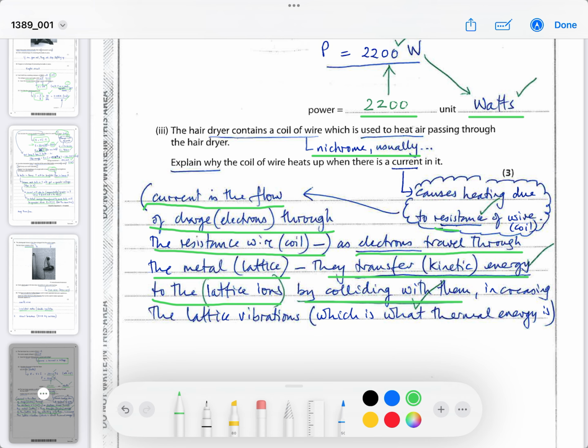So 1 mark is also for realizing that resistance is the key term. Resistance is one of the things I look for. That collisions transfer kinetic energy to the lattice structure, and how? By colliding with them. And this increases the lattice vibrations, which is what thermal energy actually is. Thermal energy is the molecular vibrations of the material, which you studied in solids, liquids and gases in Unit 5.